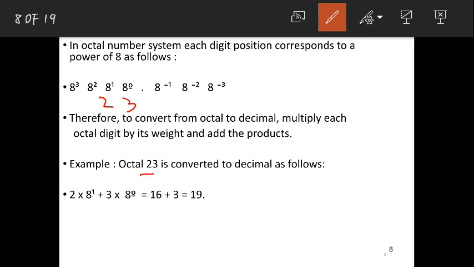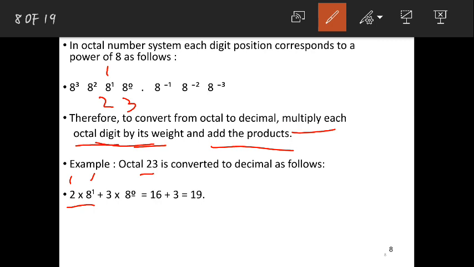For 2, you need to multiply it by 8 to the power of 1. Here, multiply each octal digit by its weight: 2 is an octal digit and 8 to the power of 1 is its weight. This we have done. After that, add the products.